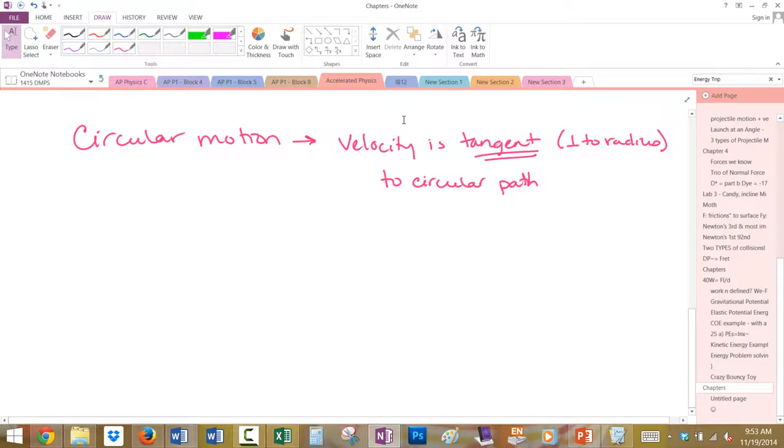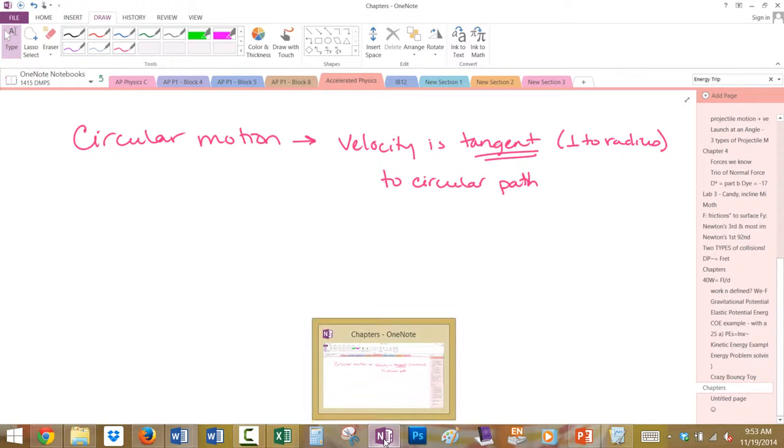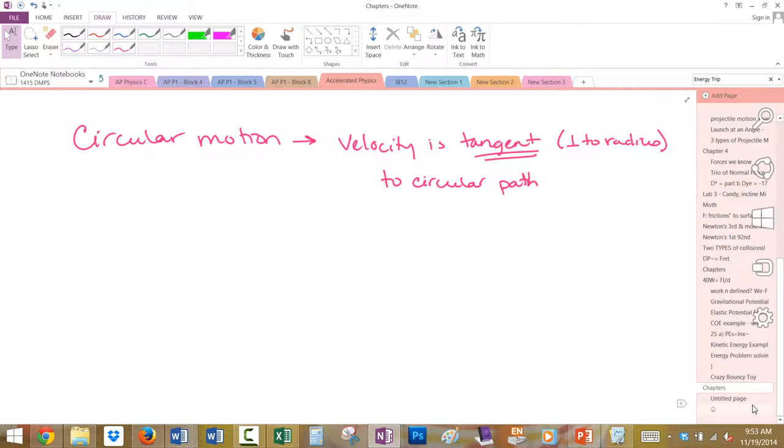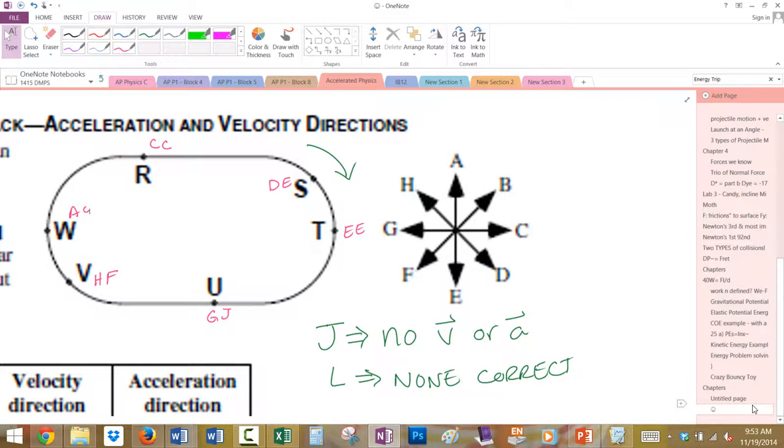Now, if there is tangential velocity... Let's take a look back here now. So the velocities we agree with. Now let's think about it in acceleration. One of two things is happening.